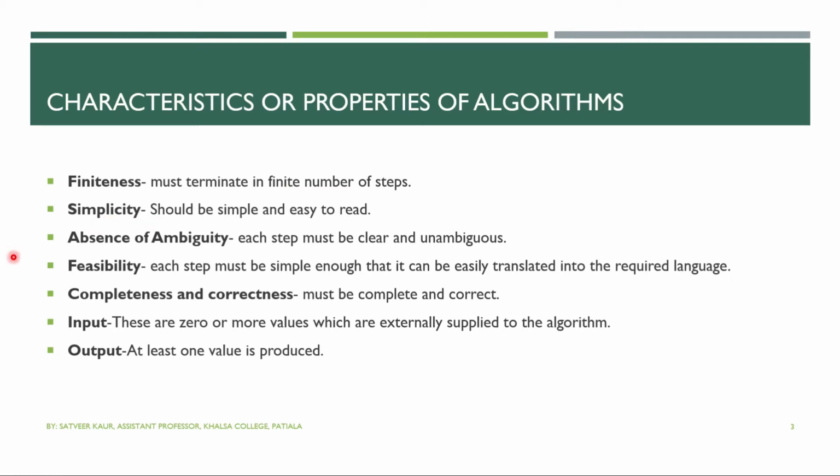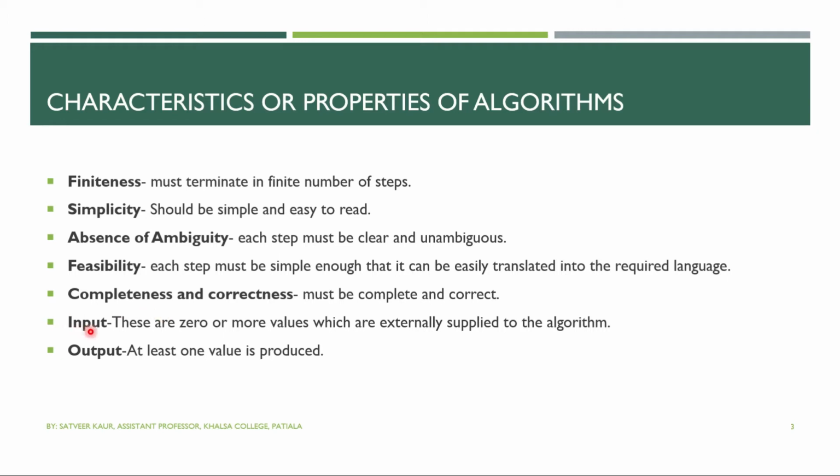Then absence of ambiguity, each step must be clear and unambiguous, that means no two statements or no two steps should have the same meaning. Then feasibility, each step must be simple enough that it can be easily translated into the required language. Next is completeness and correctness. An algorithm must be complete and correct.